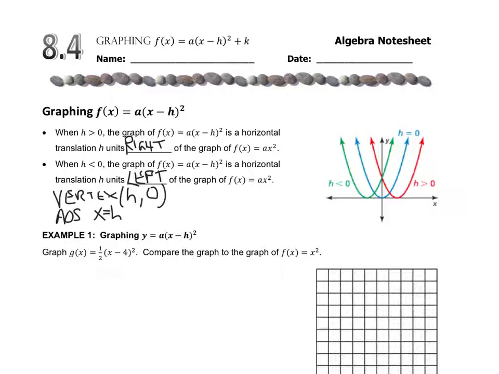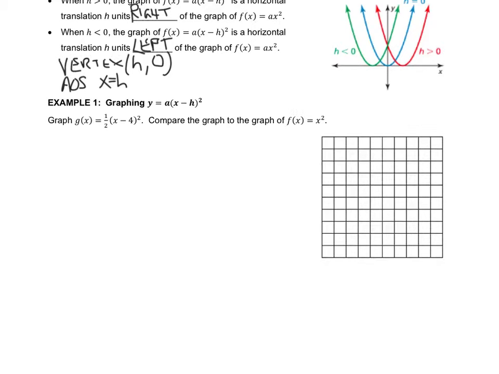Okay, so let's look at an example here. We're going to be graphing this function g of x. So g of x is in that form. We're going to compare it to the f of x equals x squared. First I just want to get my major points figured out. As we just talked about, we're going to be seeing our axis of symmetry.